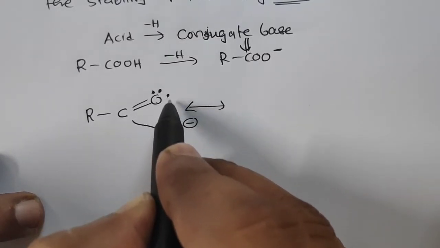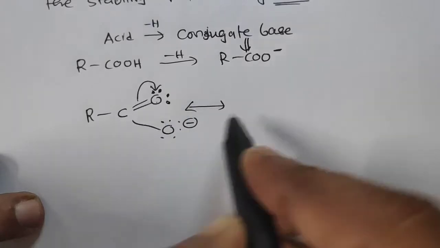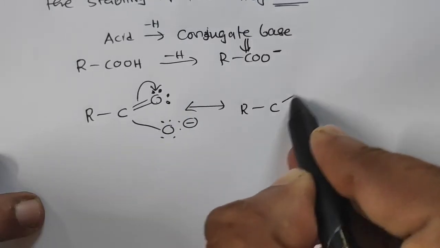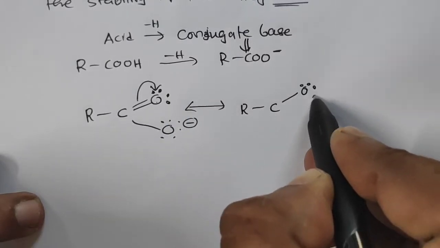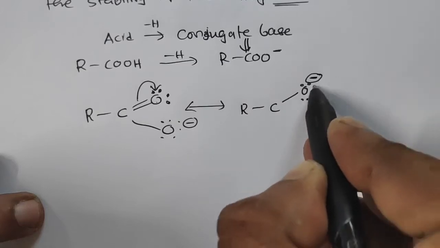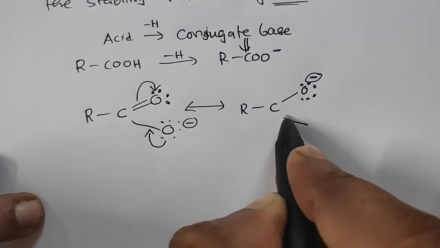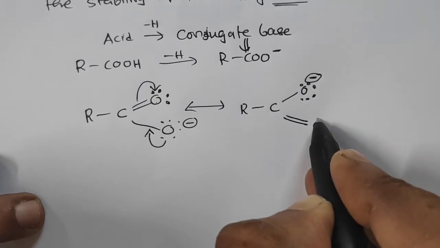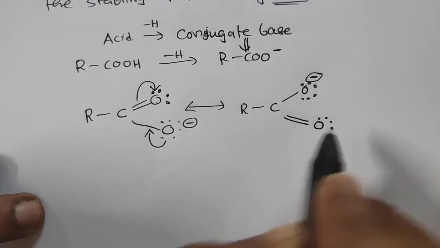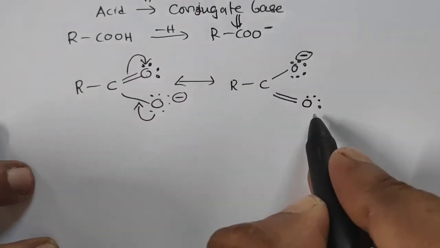Oxygen is more electronegative, so it will take this electron pair. So you will get RCO with a total of 6 electrons, the negative charge will be on this oxygen, and here this oxygen will donate the electron pair, so only 4 electrons, or 2 lone pairs, are left.